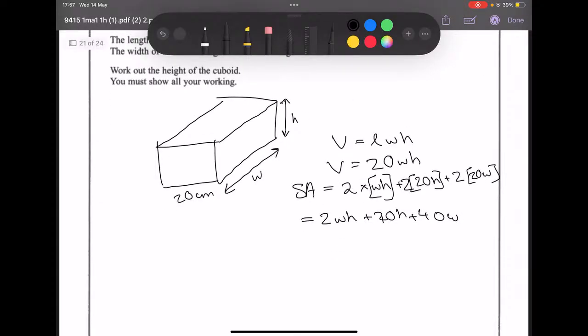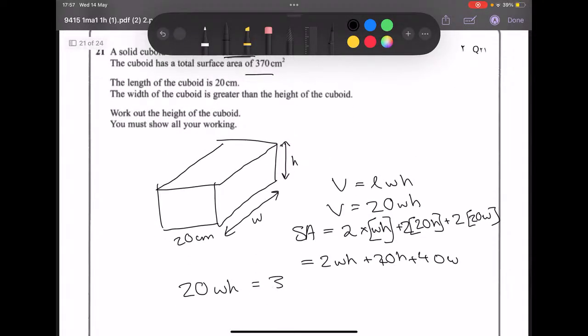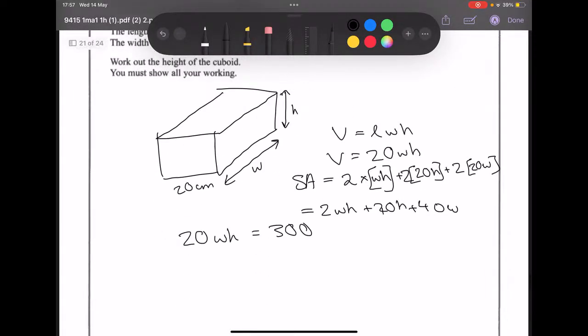Now that means that 20WH equals 300, and 370 equals 2WH plus 40H plus 40W.